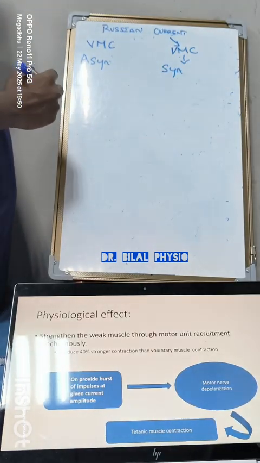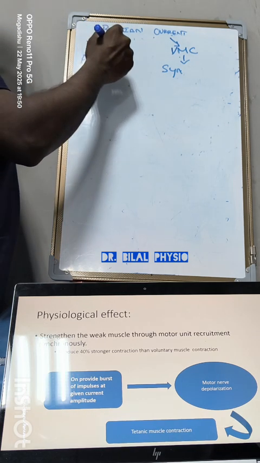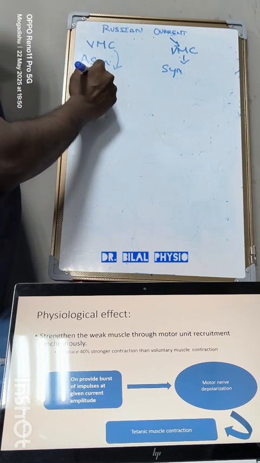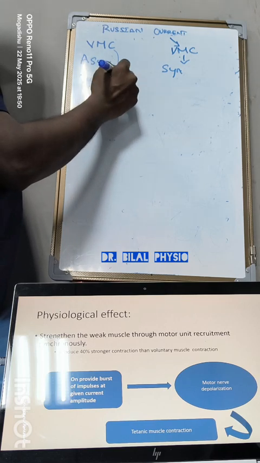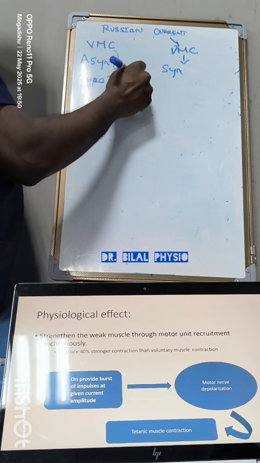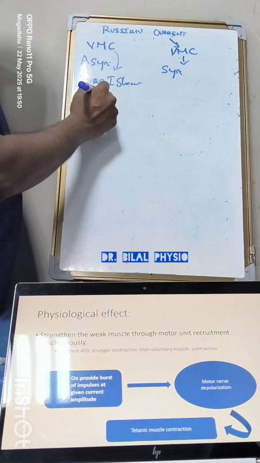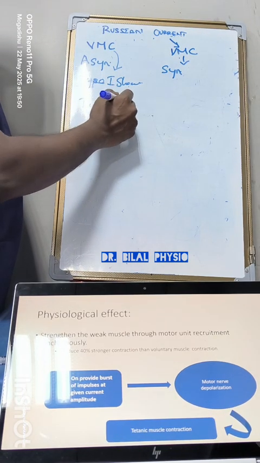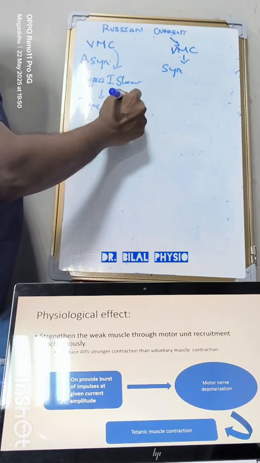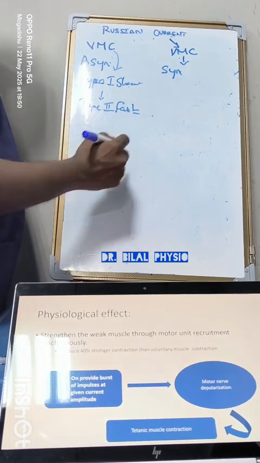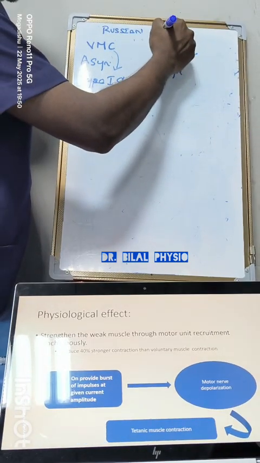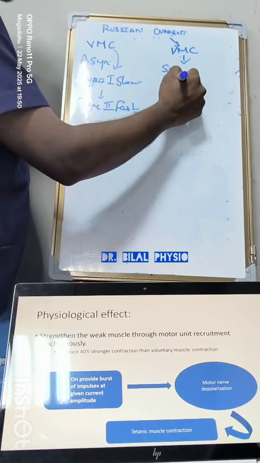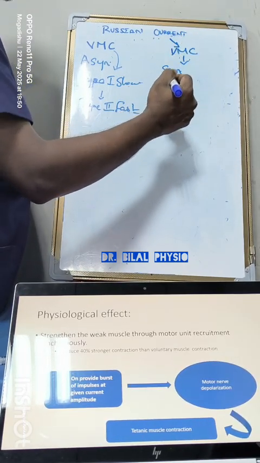What is asynchronous? In a voluntary muscle contraction, the type 1 slow fibers are recruited first, followed by the type 2 fast fibers. In a Russian current induced contraction, it happens in a synchronized manner.